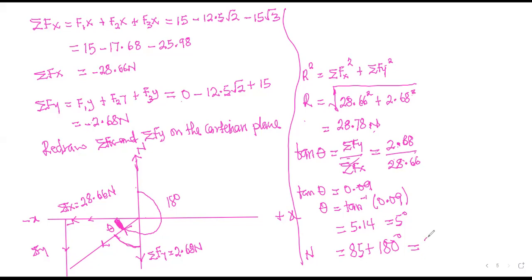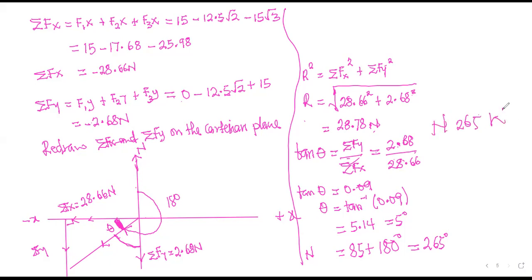This is 265 degrees. So if you are at the north and you want to face the direction of the resultant, it means you must turn through an angle of 265 degrees.